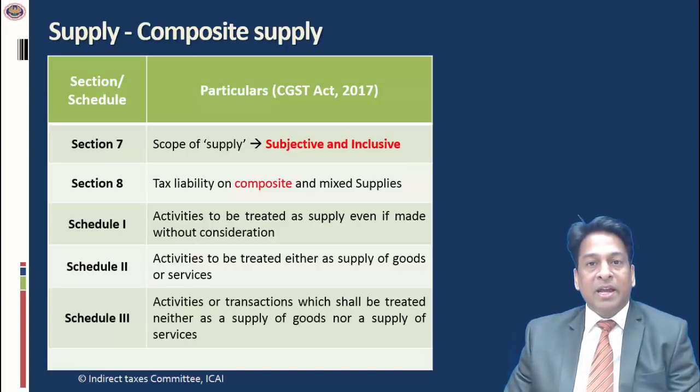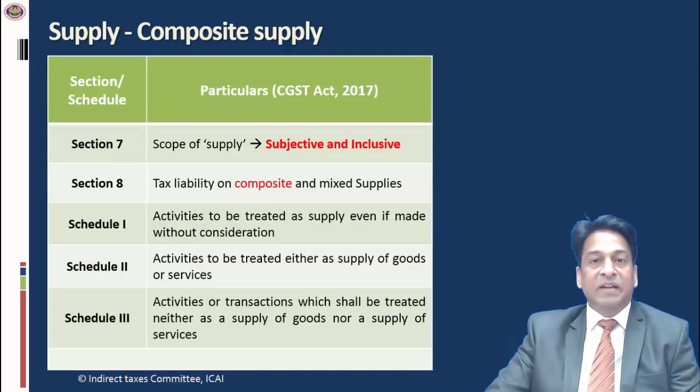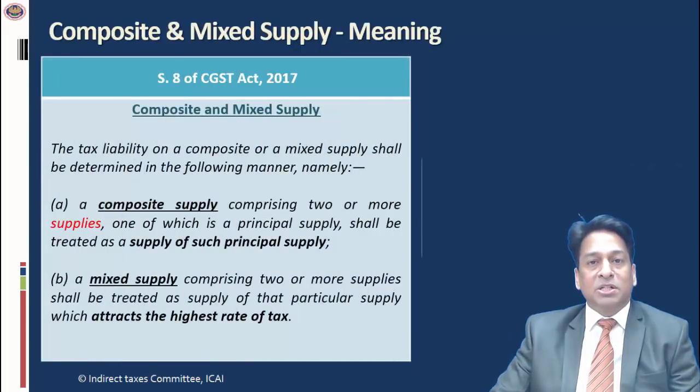Schedule 3 gives the reference of what is neither a supply of goods nor a supply of services. But the topic for all of us is composite supply versus mixed supply, which is derived from Section 8 of the CGST Act 2017. So what is a composite supply?